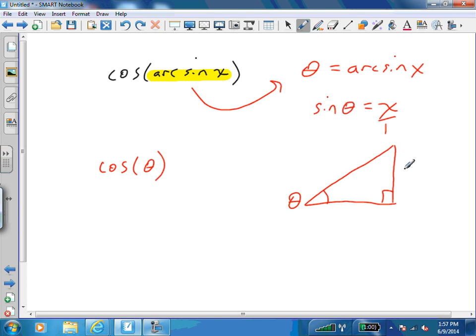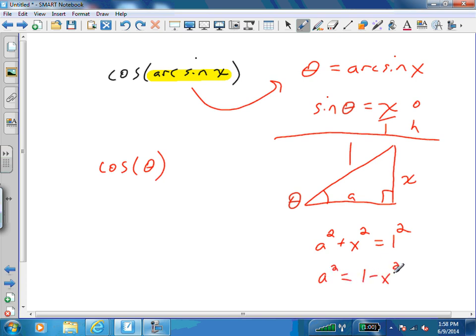sine is opposite over hypotenuse. So opposite, hypotenuse. We need to find this adjacent side in terms of x. So the adjacent side squared plus x squared equals 1 squared. Side squared plus side squared is hypotenuse squared. So adjacent squared is 1 minus x squared.